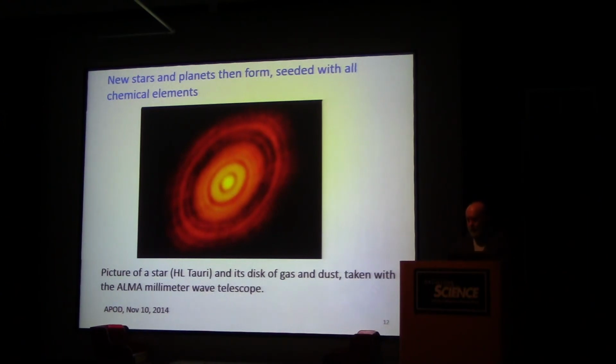I've read that analysis of the elemental composition of the solar system suggests that there were at least 2 different types of supernovae that seeded our solar system with elements.